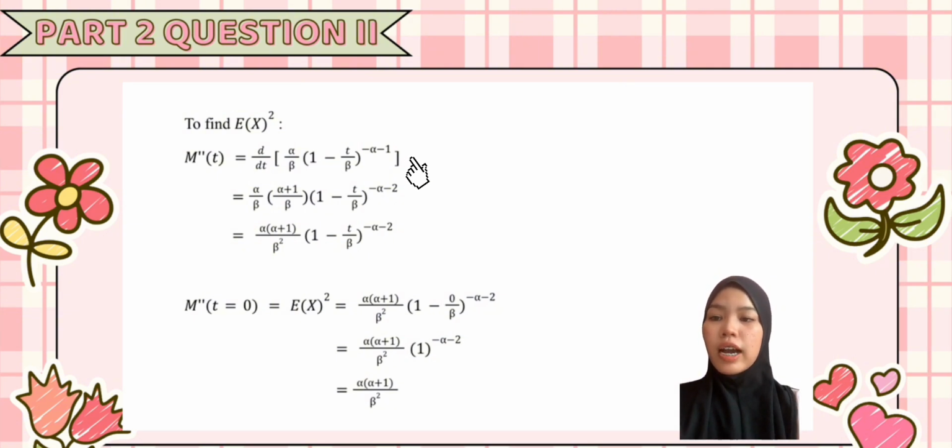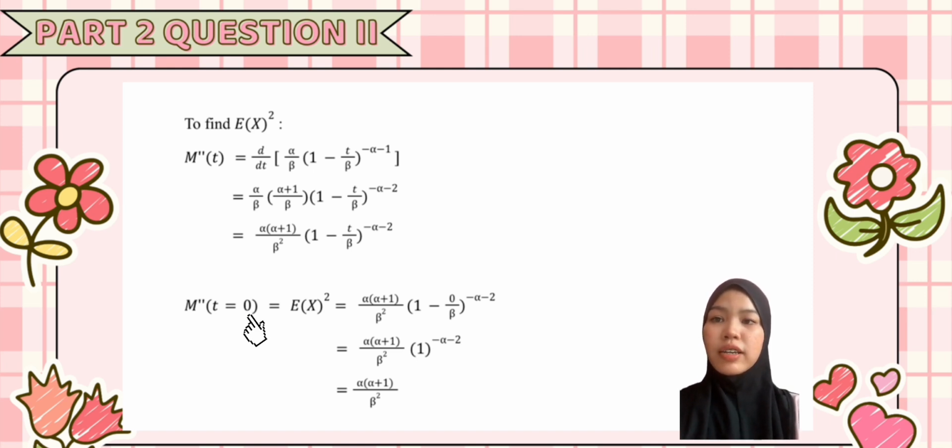So here, for the second derivative, I got alpha multiplied by alpha plus 1 over beta squared, multiplied by 1 minus t over beta to the power of negative alpha minus 2.